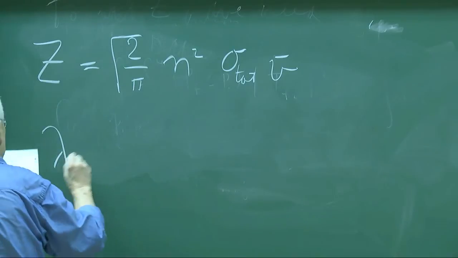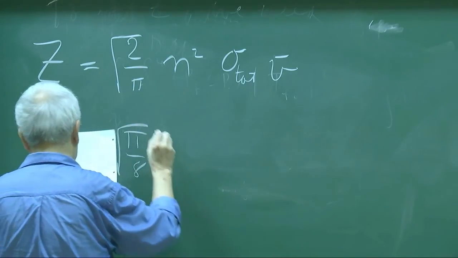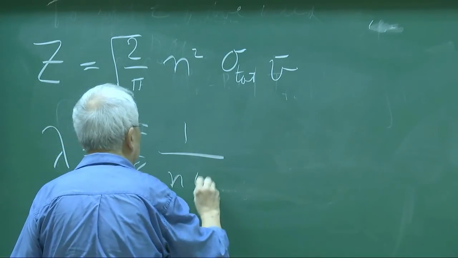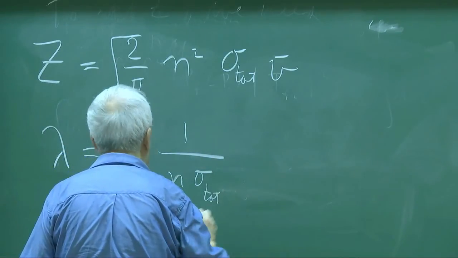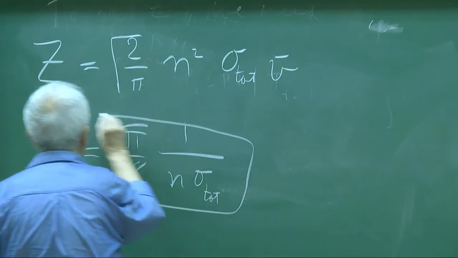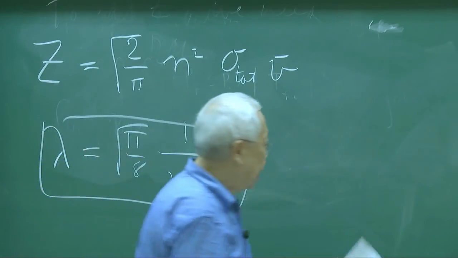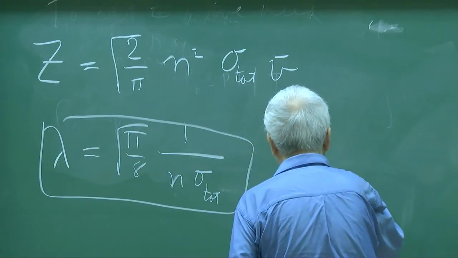And so the mean free path is therefore equal to pi over 8 times 1 over n times the total cross section. This pi over 8 is not important. The important difference is 1 over the density times the total cross section. And notice this is independent of the temperature.